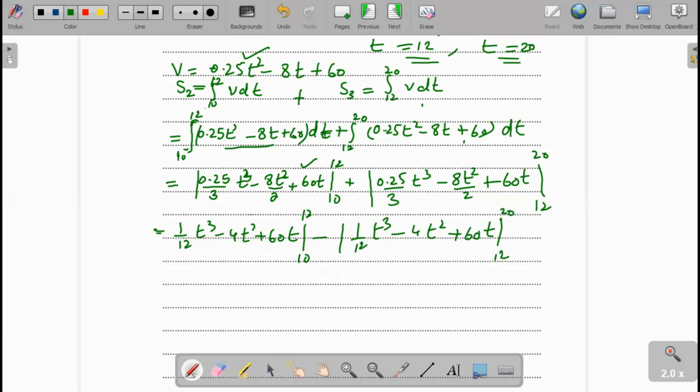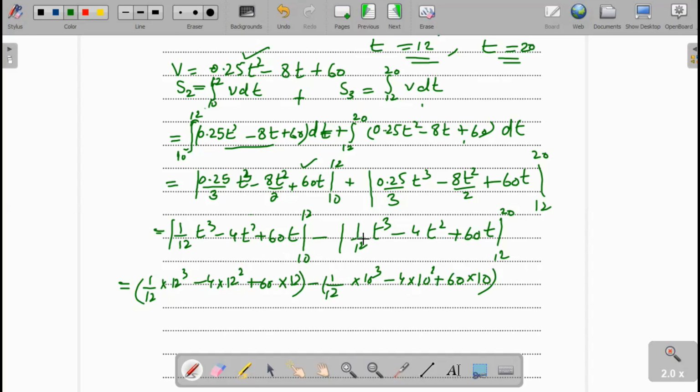For the first interval, we get (1/12)(12³) - 4(12²) + 60(12), minus the value at 10: (1/12)(10³) - 4(10²) + 60(10).